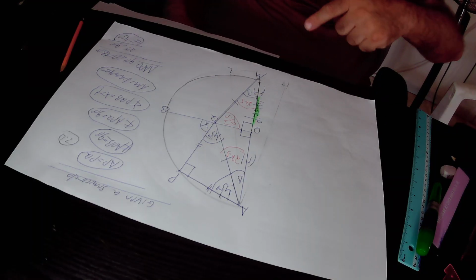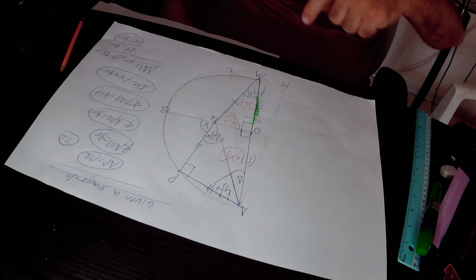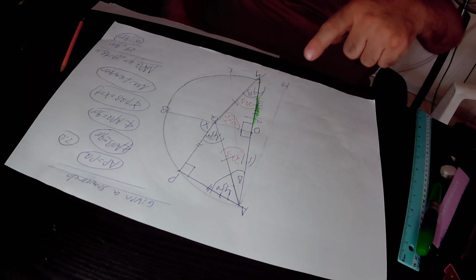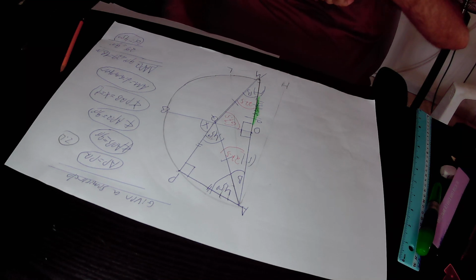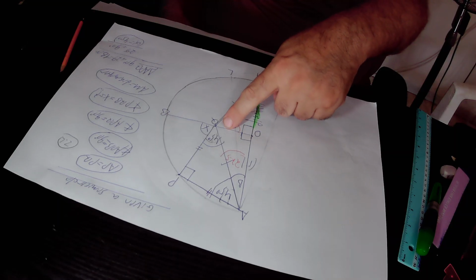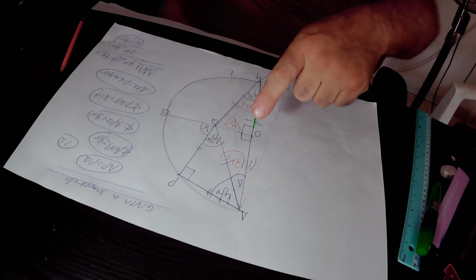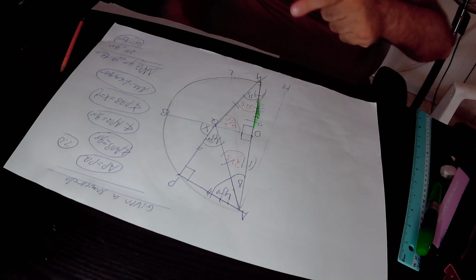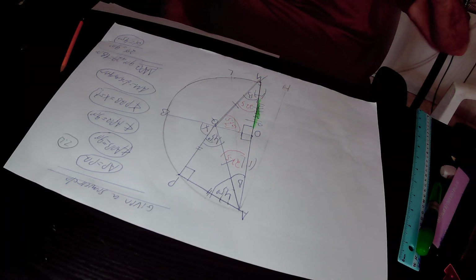According to Rule 8, the size of the exterior angle AQP is equal to the sum of the two interior angles that are not adjacent to it. This is angle AQM that is adjacent to angle AQP. The two other angles that are not adjacent to angle AQP are those two angles. Therefore, the size of the exterior angle AQP is equal to beta plus beta.